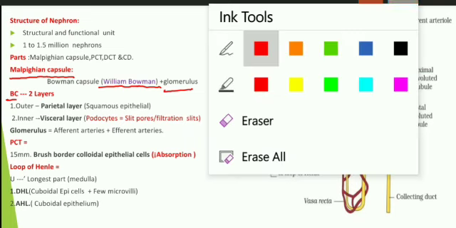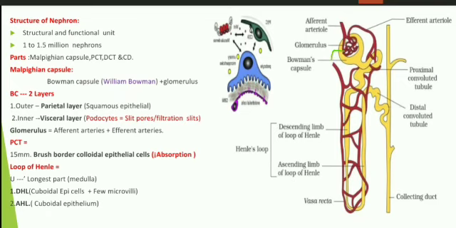This Bowman capsule is generally made up of two layers. The outer layer is known as the parietal layer, and the inner layer is known as the visceral layer. The parietal layer is made up of squamous epithelial tissue. The inner layer is made up of podocytes. This is a very important characteristic of the Bowman capsule.